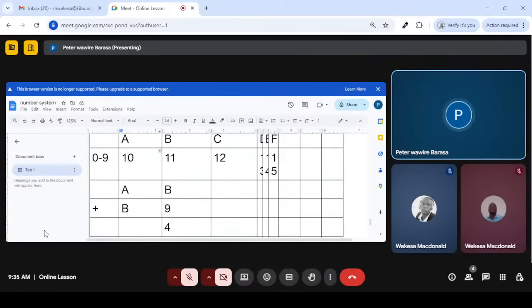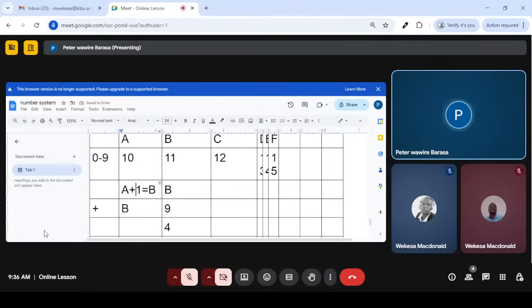Let me create somewhere where you can carry. So B, you said is 11. So you carry 1 plus 1. A plus 1 is B. That one is what you have carried.